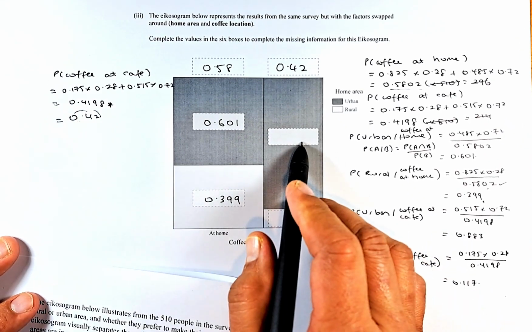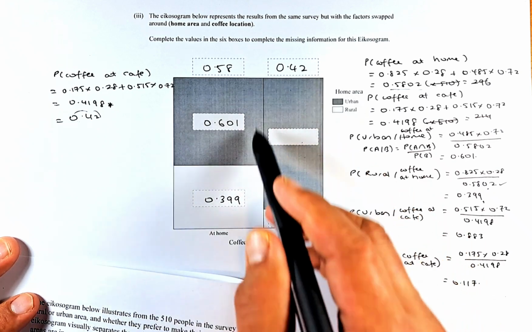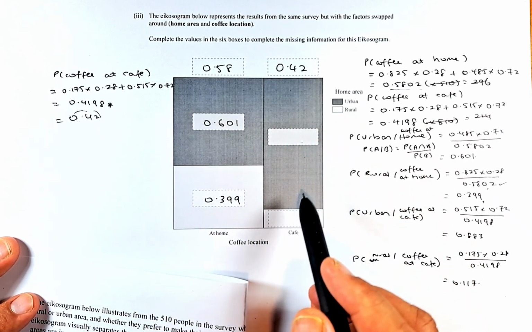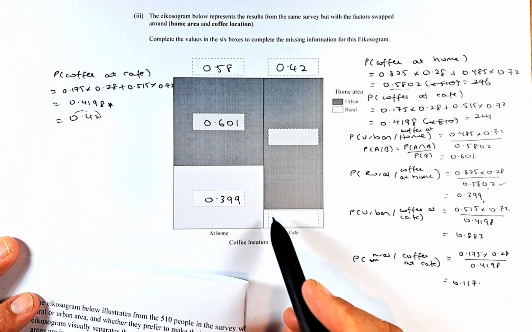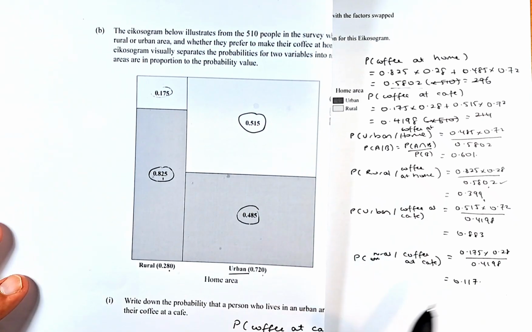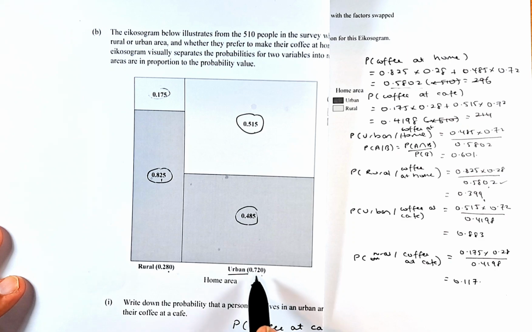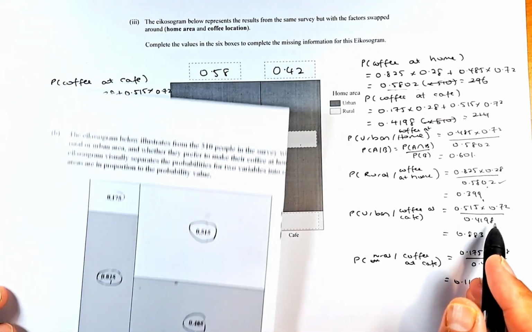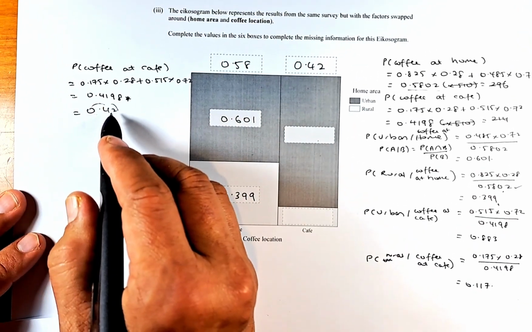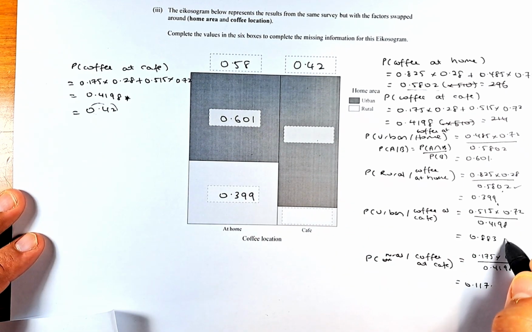Now we're going to calculate this box here, urban and coffee at cafe. Urban is the dark color. Looking at this table, urban and coffee at cafe is 0.515 multiplied by 0.72, and because the coffee at cafe from earlier is 0.4198, or 0.42, we divide by that, and the answer is 0.883.